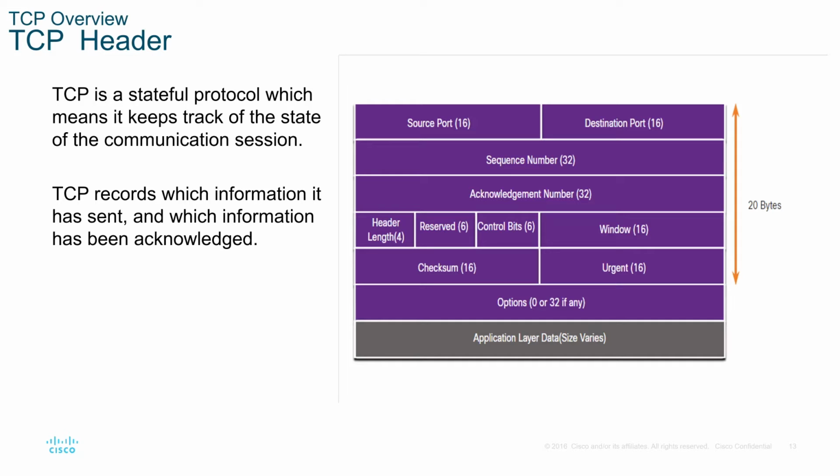As we can see in the diagram, we have the source port as well as the destination port, the sequence numbers, the acknowledgement numbers, a header length, a reserve field, control bits, the window size, a checksum to make sure nothing has been corrupted, any urgent pointers, and any additional options if necessary. As you can see, the header is 20 bytes.